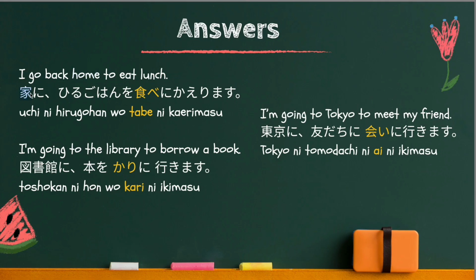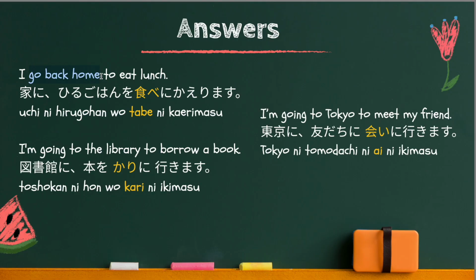So うち and に particle. To eat lunch, this is the purpose. 昼ご飯を食べ. Verb stem is 食べ. Then に particle, then lastly the verb. This time to go back home.